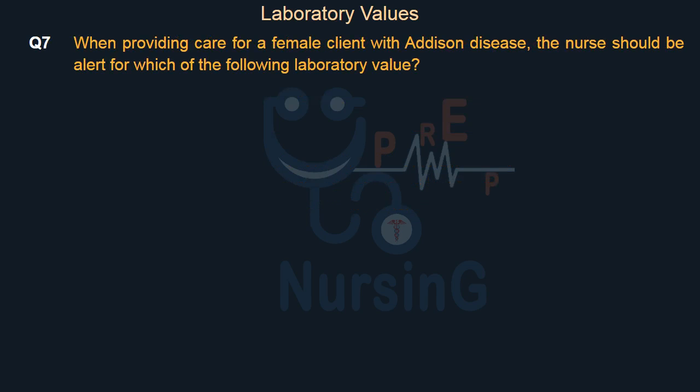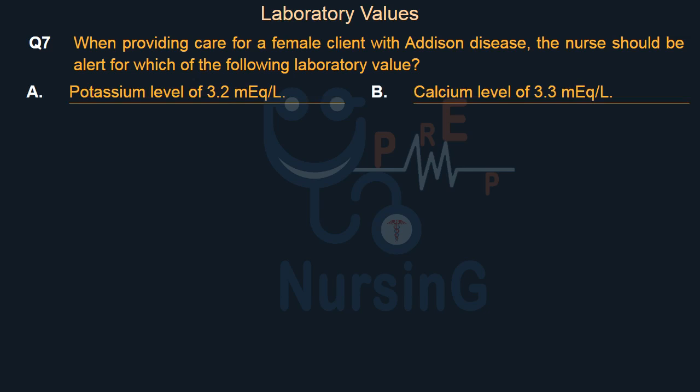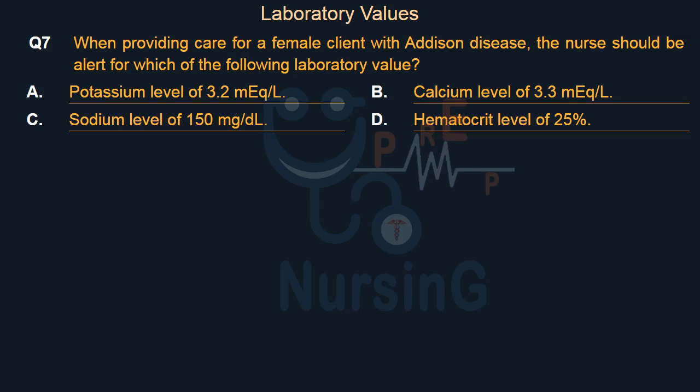When providing care for a female client with Addison disease, the nurse should be alert for which of the following laboratory values? Option A, potassium level of 3.2 mEq/L. Option B, calcium level of 3.3 mEq/L. Option C, sodium level of 150 mg/dl. Option D, hematocrit level of 25%.